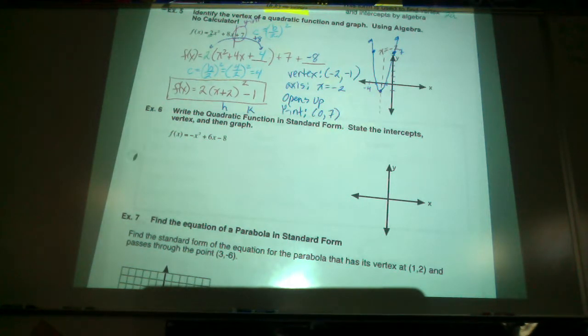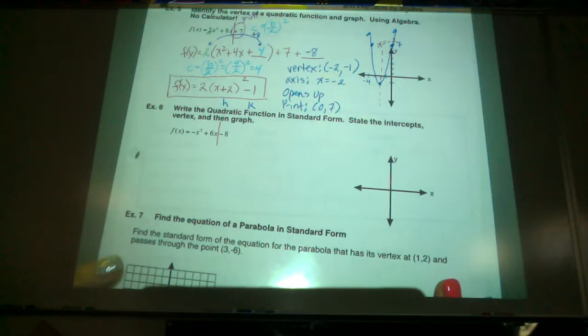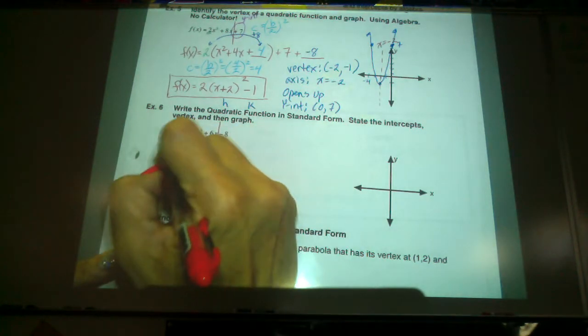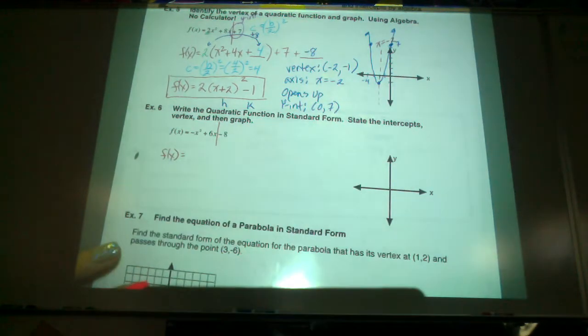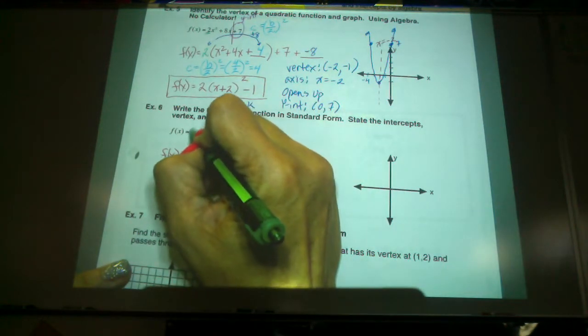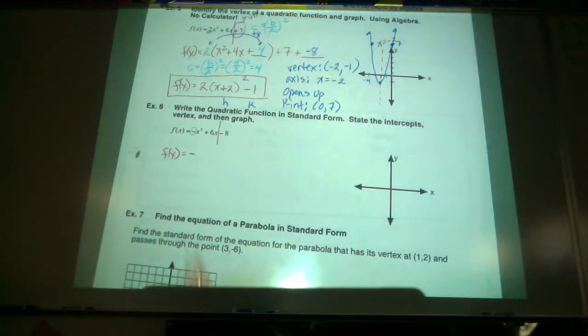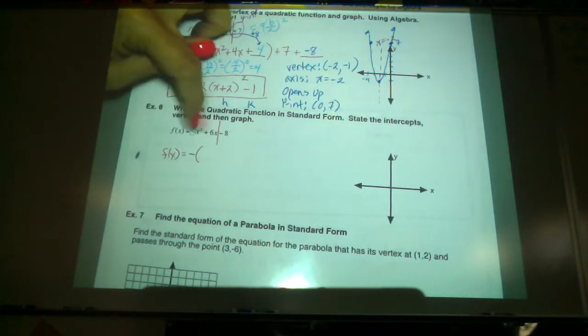All right, so this time we're going to do the same thing. We're going to cut the quadratic right there. I only want the x terms. So I've got f of x is equal to, do I have anything in front of my x squared term? I have a negative. So I'm going to pull a negative out in front of my parentheses, and I'm going to divide each of these by that negative.